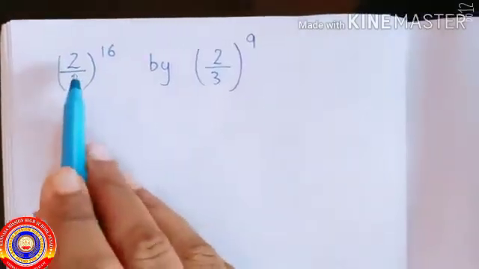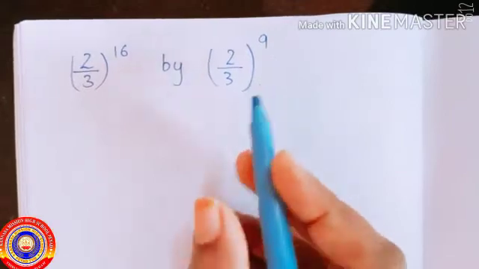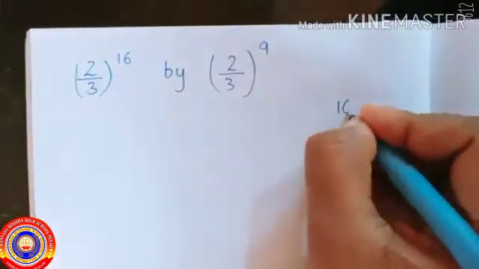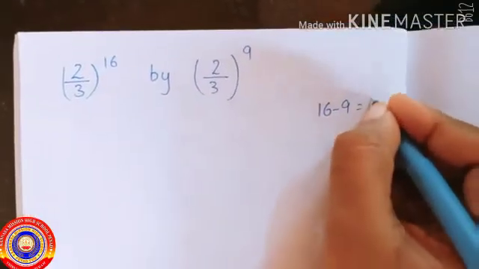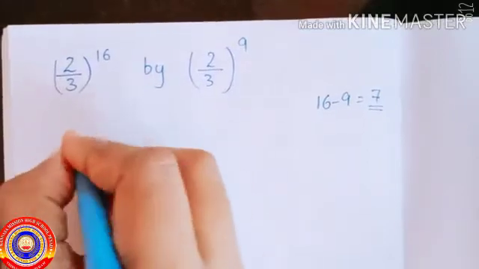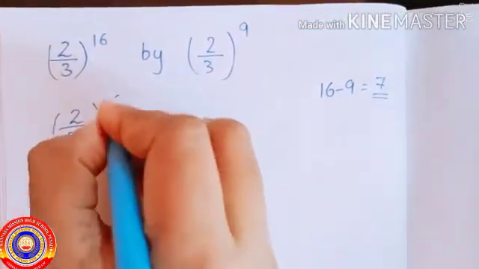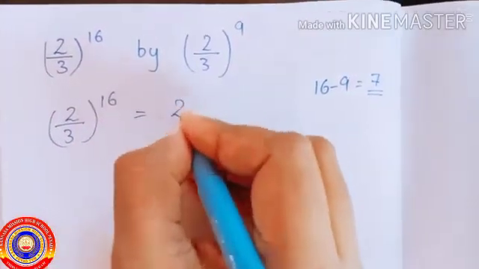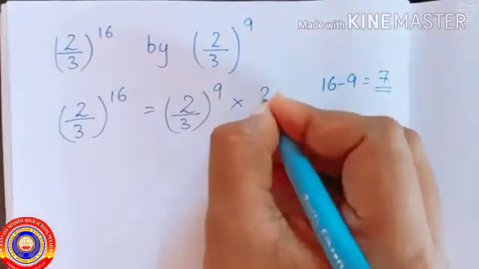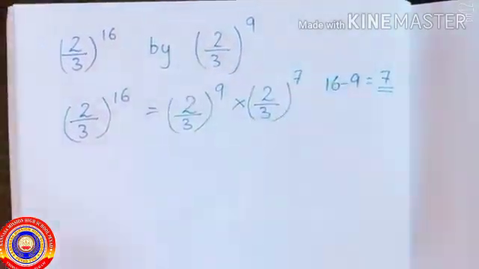Let's see whether we can do this with fraction powers. (2/3) raised to 16 divided by (2/3) raised to 9. Like before, first we subtract the exponents, that is 16 minus 9 is equal to 7. Then (2/3) raised to 16 is equal to (2/3) raised to 9 into (2/3) raised to 7.